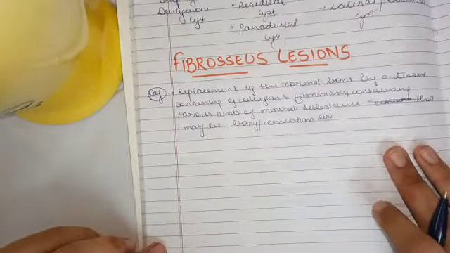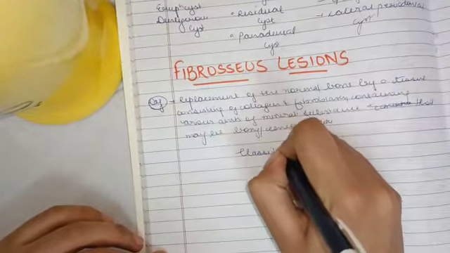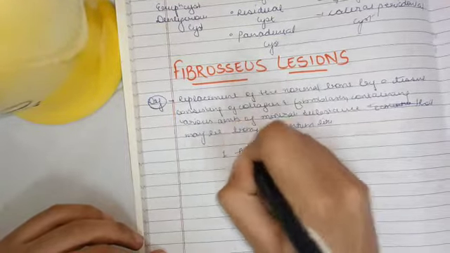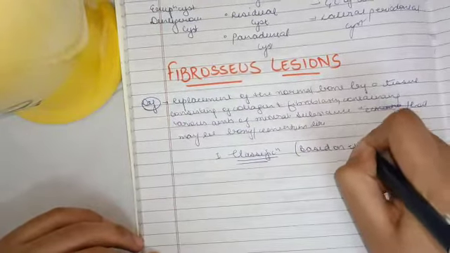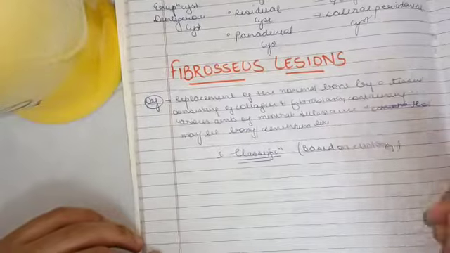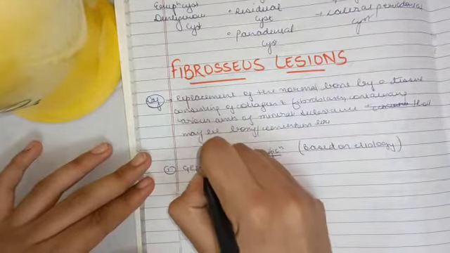Now let's talk about the classification. For the classification, first classification is based on etiology. Now, first of all, the one which is due to genetic abnormalities.